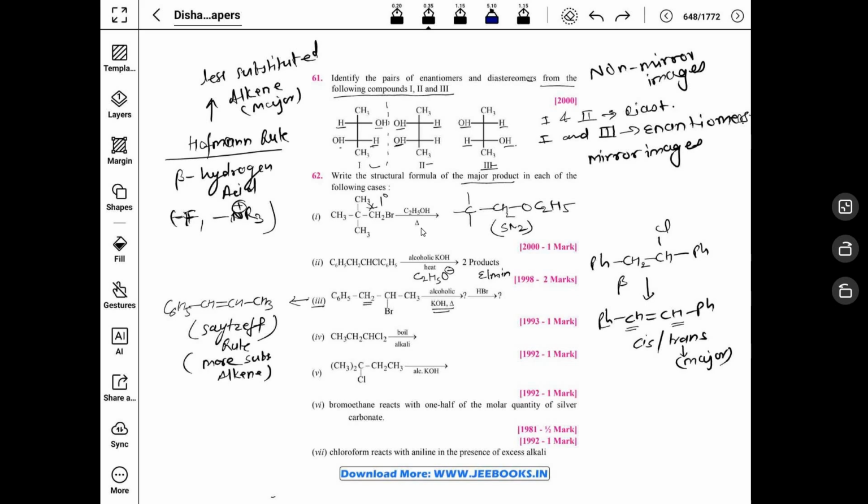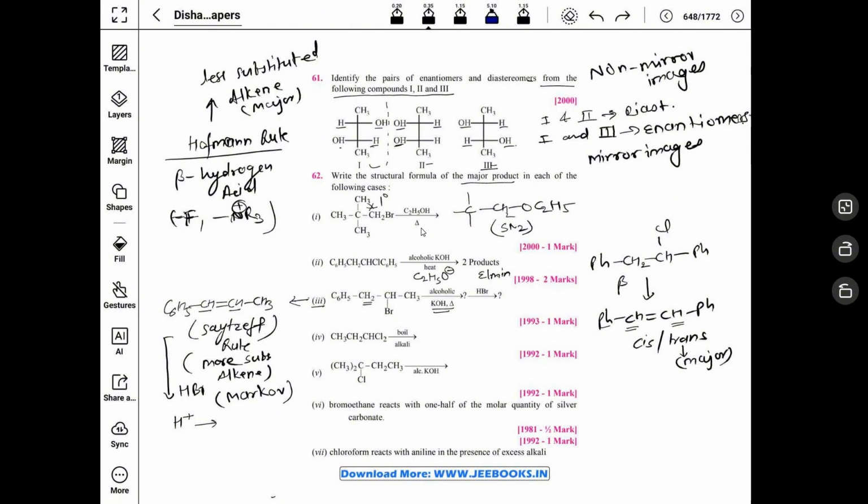Now this reacts with HBr in the second step, and HBr reactions will follow Markovnikov's rule because there is no peroxide. According to Markovnikov's rule, hydrogen goes to the double bonded carbon having more hydrogen atoms, and Br goes to the other double bonded carbon. But here both double bonded carbons have only one hydrogen. So we should understand the principle of Markovnikov's rule: the hydrogen ion goes to the double bonded carbon having more hydrogen because it gives the more stable carbocation.